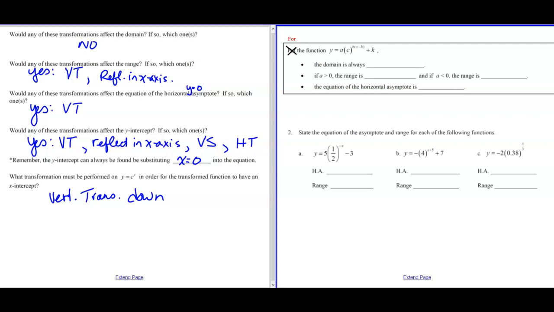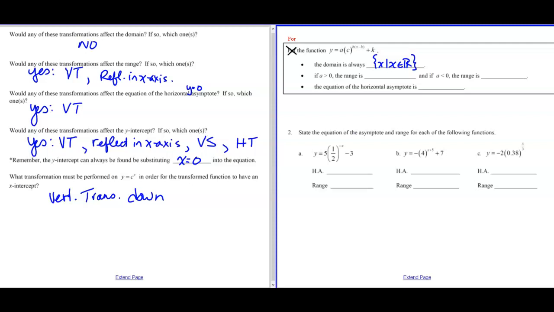It says the domain, well, for exponential, it's always all real numbers. So if a is greater than 0, that means a is positive, so that's your stretch, and it means there's been no reflection. Then the range is what? What's the range going to be for that transformed function?